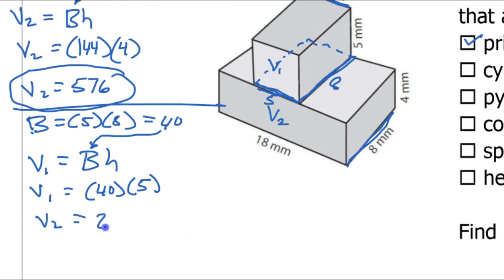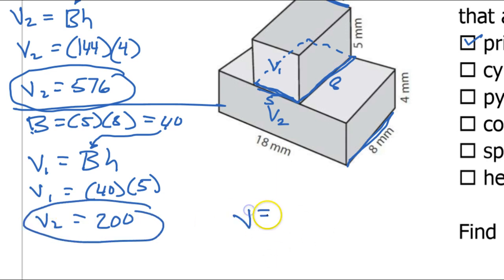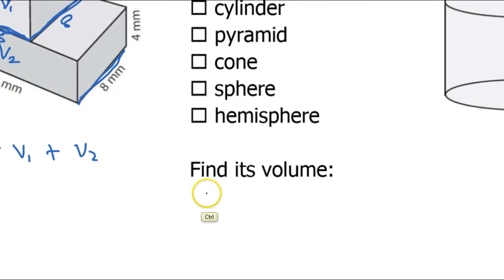So the total volume is going to equal volume 1 plus volume 2, which is 776 if I add these up. Looking at the millimeters, the volume will be millimeters cubed.